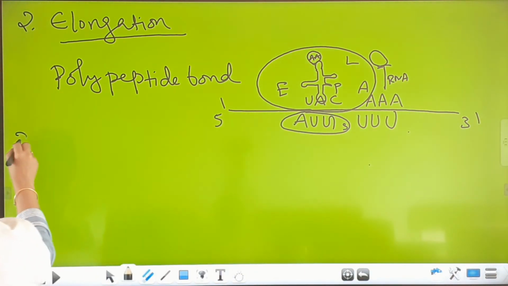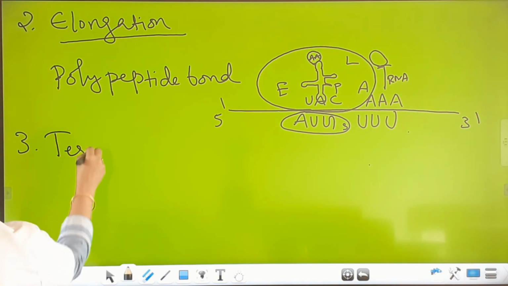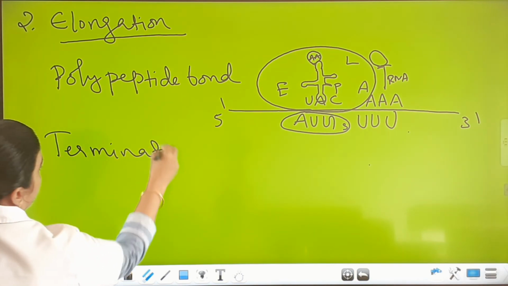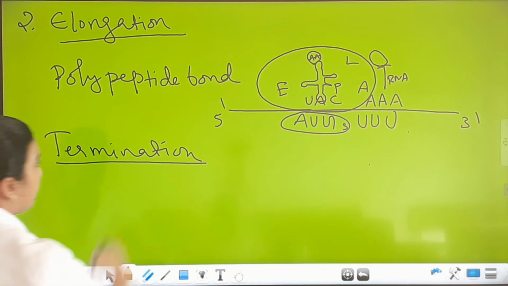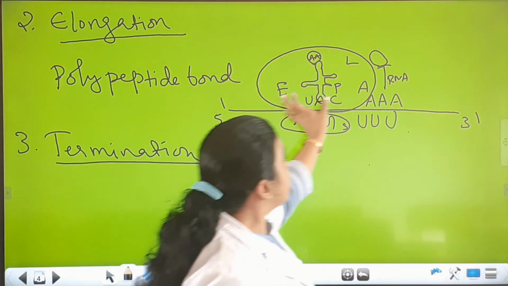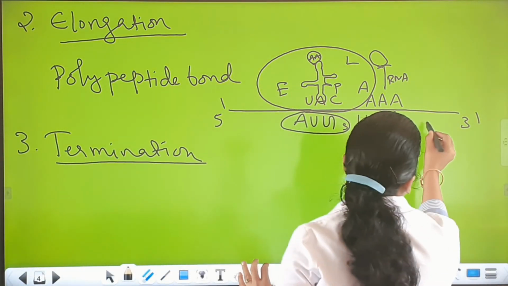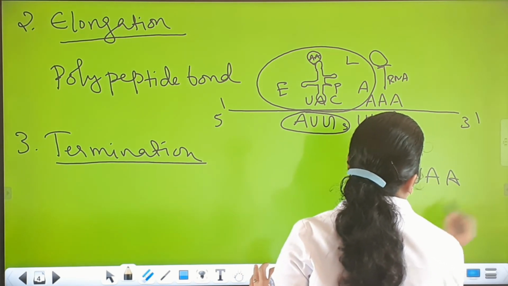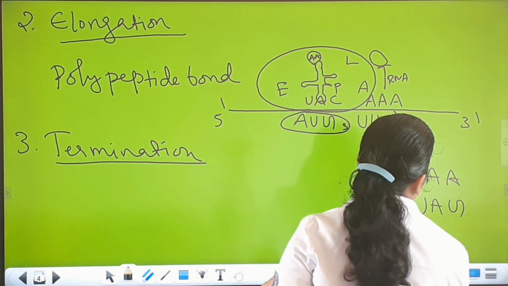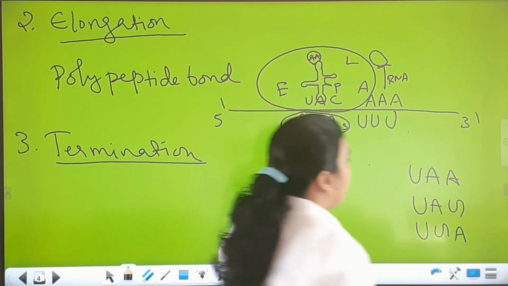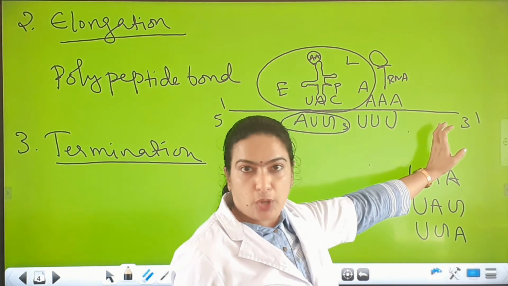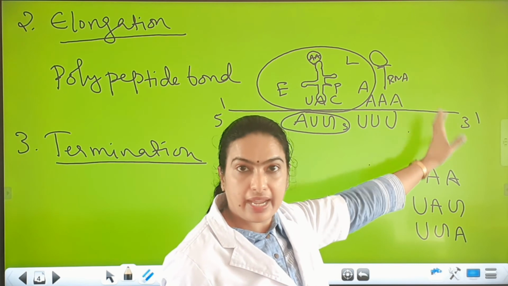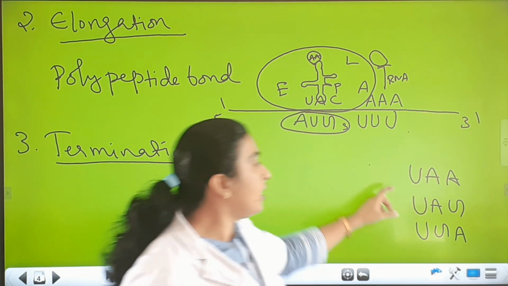Now the last point, that is the termination process. When this ribosome complex reaches the stop codon, which are the stop codons? UAA, UAG or UGA. So there must be a stop codon at the 3' region.